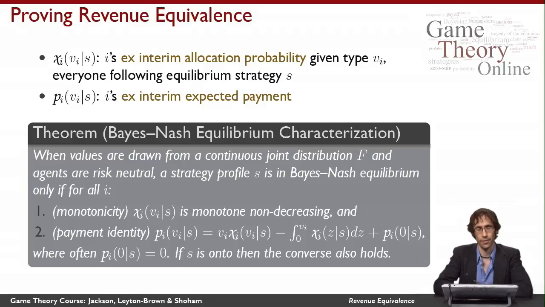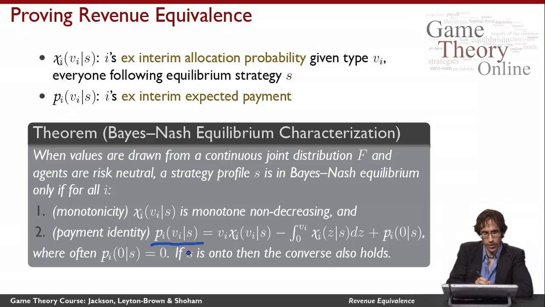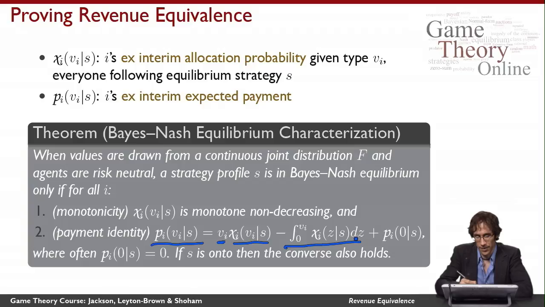The other thing that's necessary for a Bayes-Nash equilibrium is the following payment identity. And this probably looks kind of scary. It's just a whole lot of math, right? So I'm saying the payment function, this interim expected payment Pi that an agent makes, needs to look like this. It needs to be the agent's value for the good multiplied by the probability that they get the good, minus this integral, the integral from 0 to vi of the interim allocation probability xi, plus the expected payment that an agent of type 0 makes.